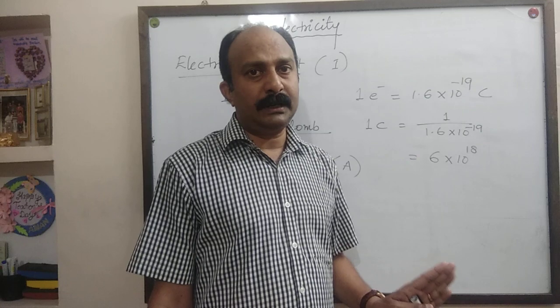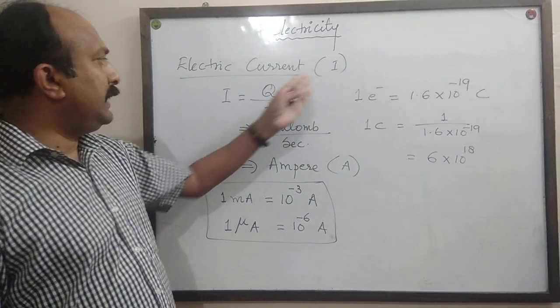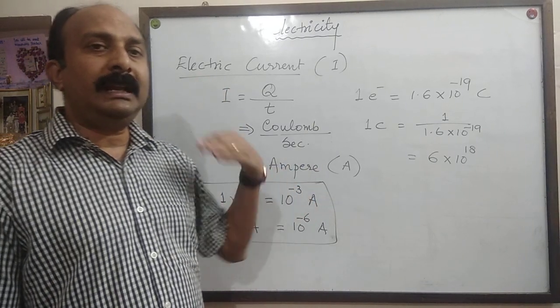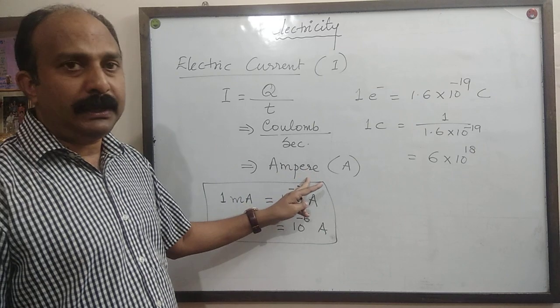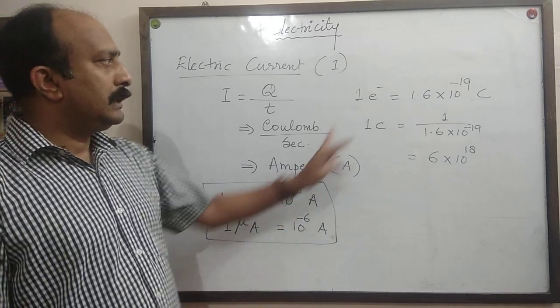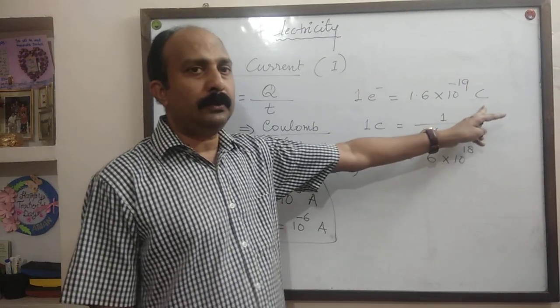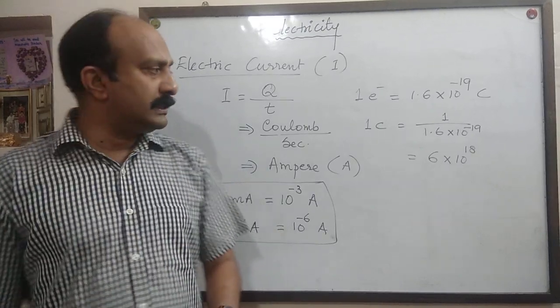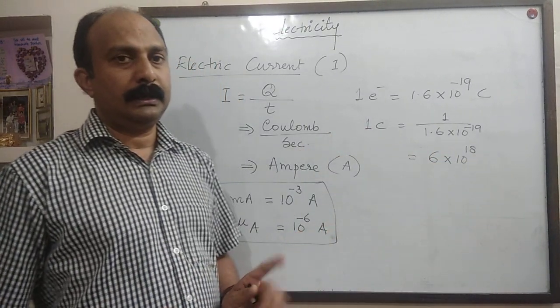I think this part is clear to all of you. So electric current is defined as the rate of flow of electric charge. I is equal to Q upon t. SI unit is ampere. Smaller units are milliampere and microampere. The charge of 1 electron is 1.6 into 10 raised to minus 19 coulomb. So 1 coulomb consists of 6 into 10 raised to 18 electrons.